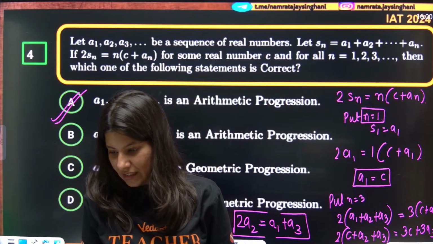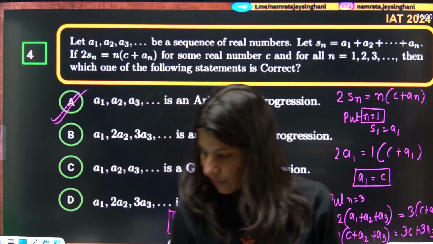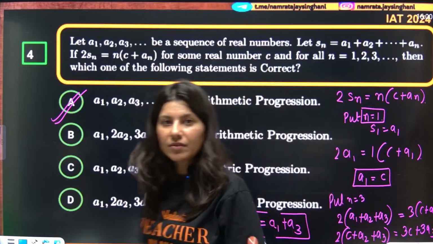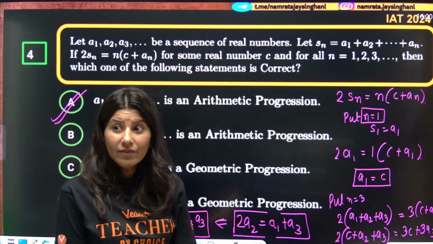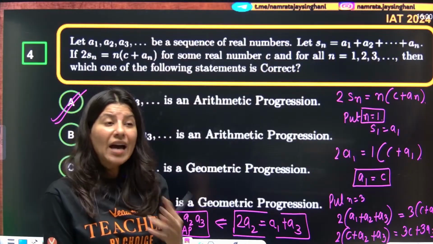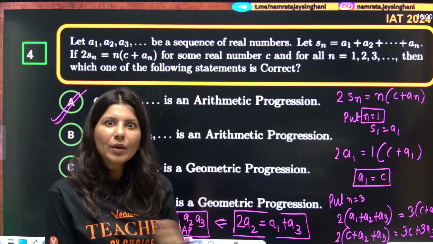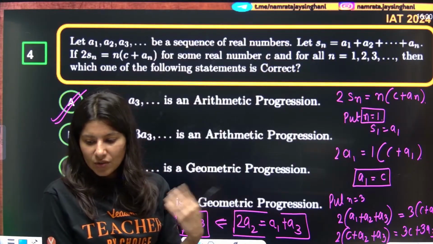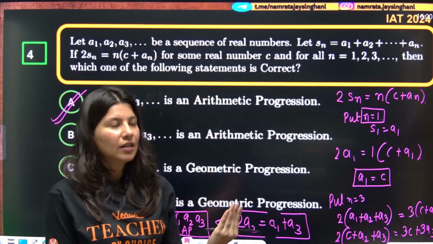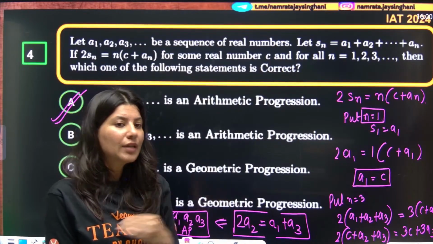And the condition is, how do we identify the type of sequence from this formula? What we are trying to do is figure out what is your A1, A2, A3, or do we have any relation between A1, A2, A3? So we put n equal to 1, it worked for us. n equal to 2 didn't work for us.